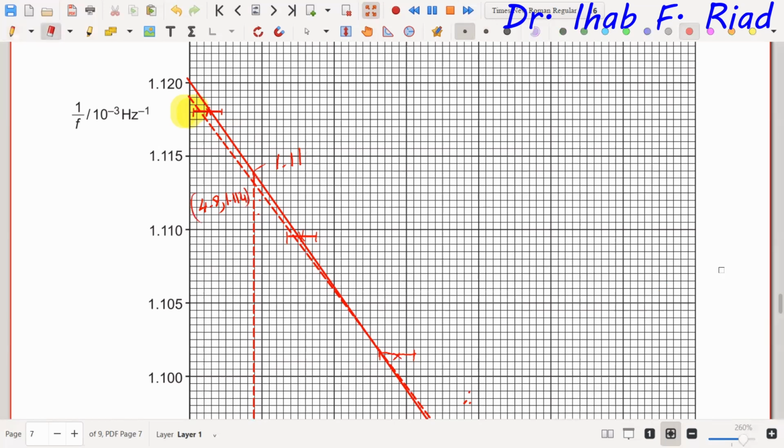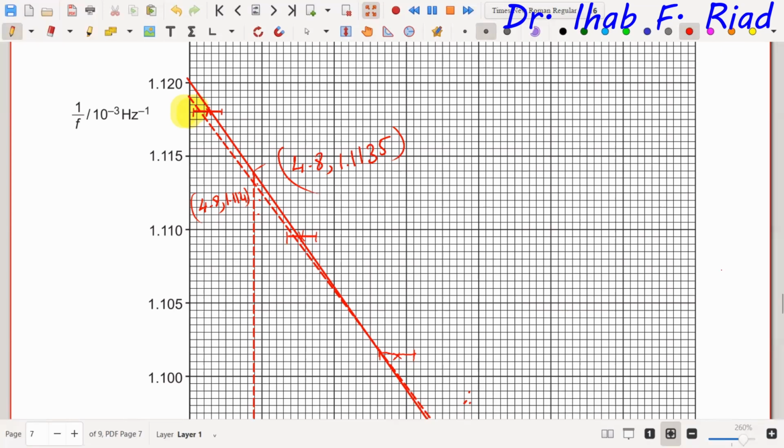What is the worst fit? It's going to be 4.8, and 1.1135, something like this. Okay.